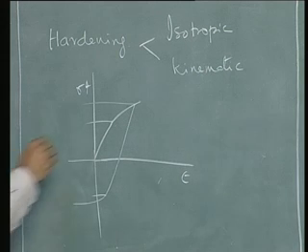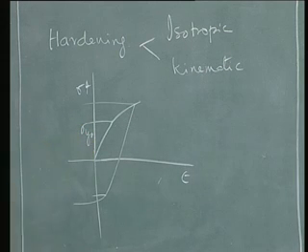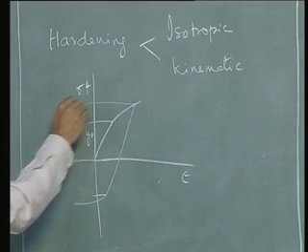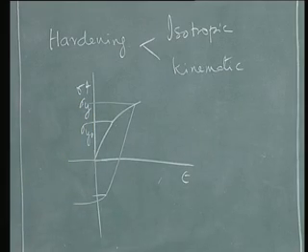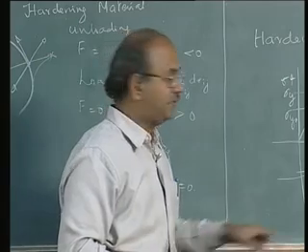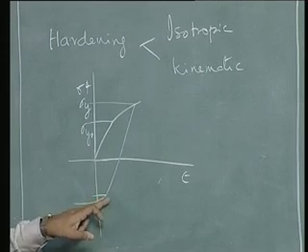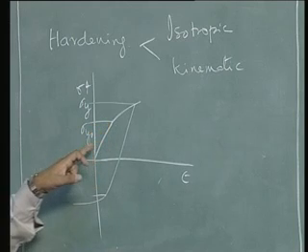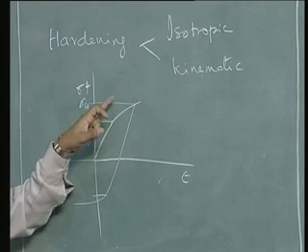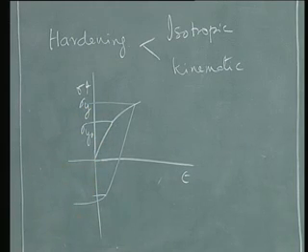Or in other words, if I call this sigma y0, the initial yield, and this to be sigma y, does this point correspond to sigma y0, or does it correspond to sigma y, or does it correspond to neither of them? Depends on isotropic. Very good.